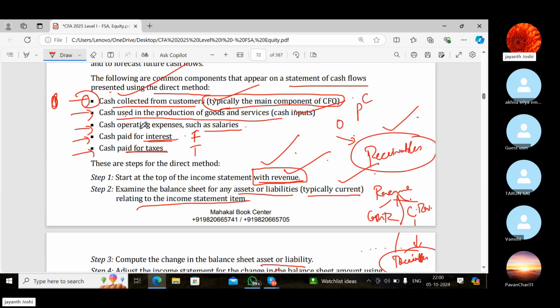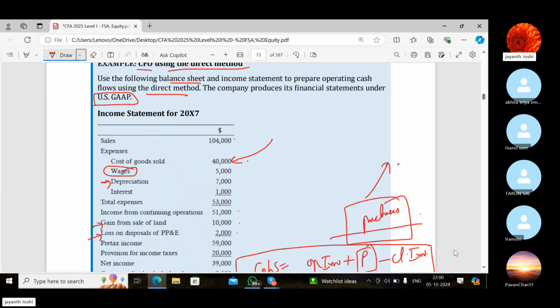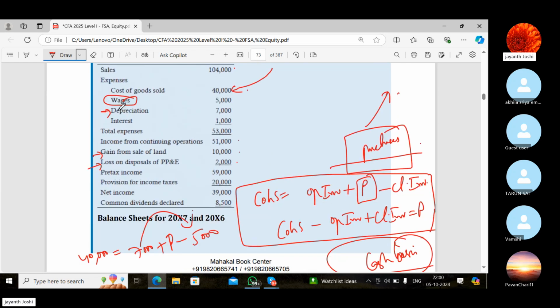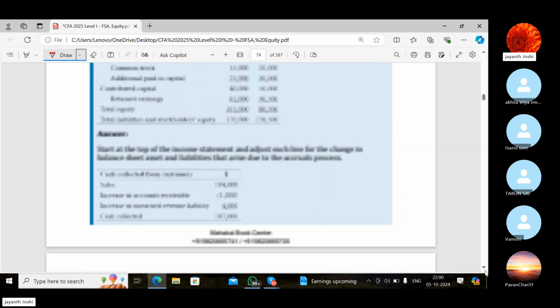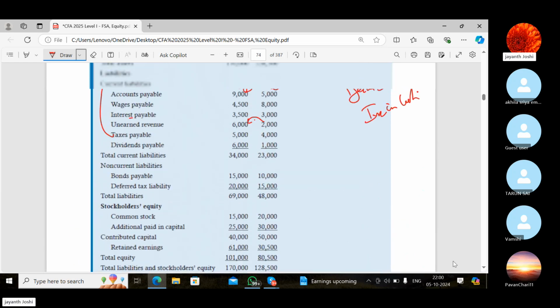Now we'll find out cash operating expenses such as salaries. Wages are a part of salaries, and any other thing related to salary is not given. So we'll take wages 5,000, and then we'll look at the liabilities, whether anything related to wages is given.